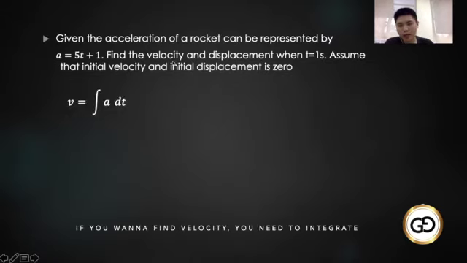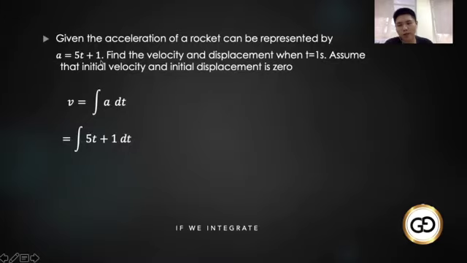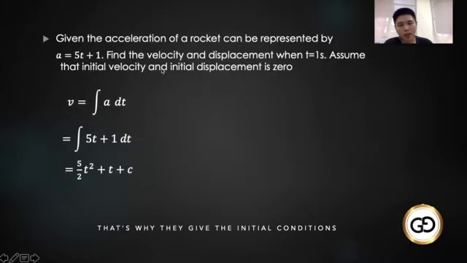If we want to find the velocity, we need to integrate the acceleration in respect to the time. So if we integrate 5t plus 1, we got 5 over 2 t squared plus t, and with a constant c. Alright, so that's why they give the initial condition, the initial velocity and the initial displacement, in order to find the value of the c constant.